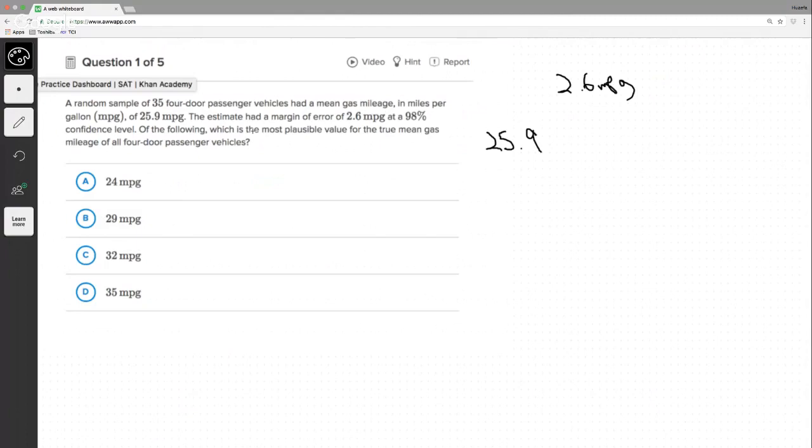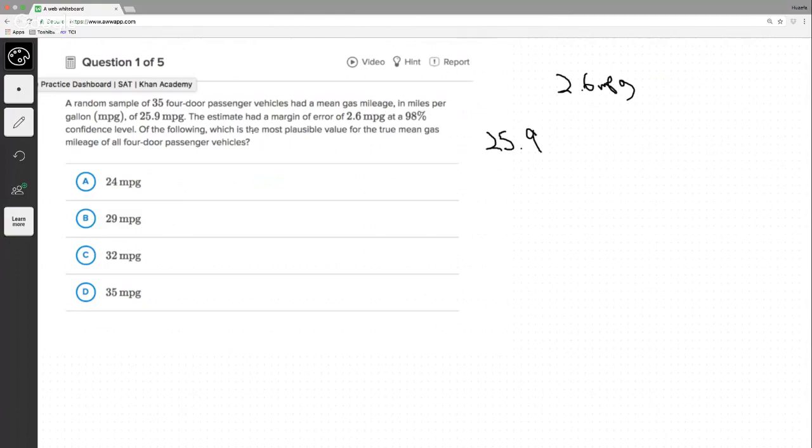So let's see, 98%. So it's got a margin of error. This is interesting. So it's got a 2.6 swing, 98% confidence level. Now, I'll be honest with you, I'm not exactly sure how to approach this. Now, I see that it's at 25.9 miles per gallon.